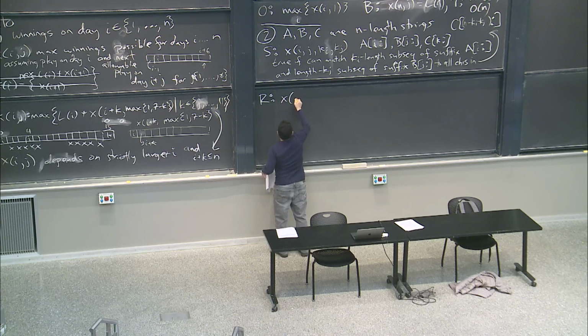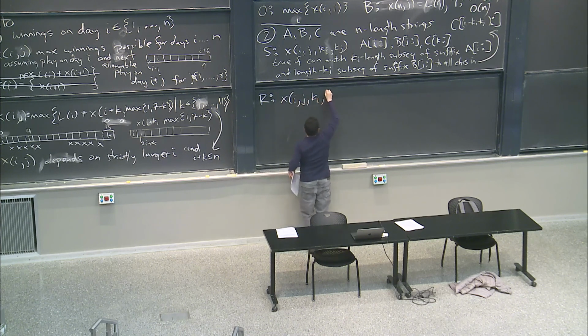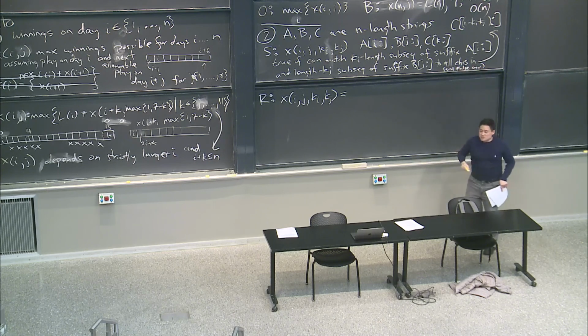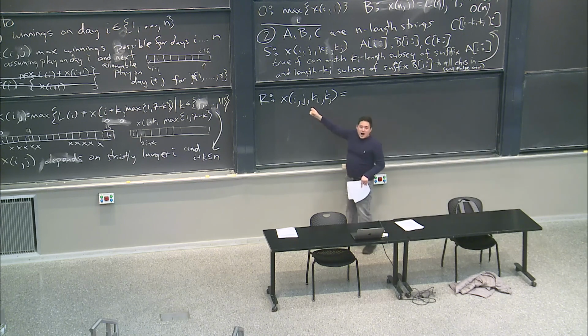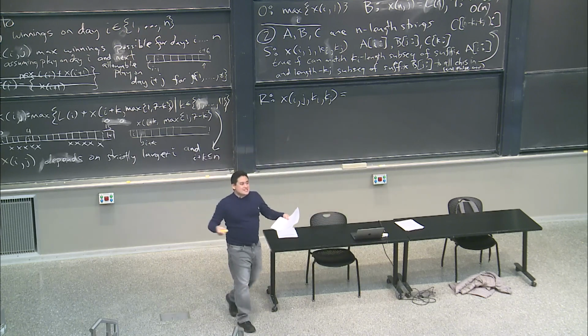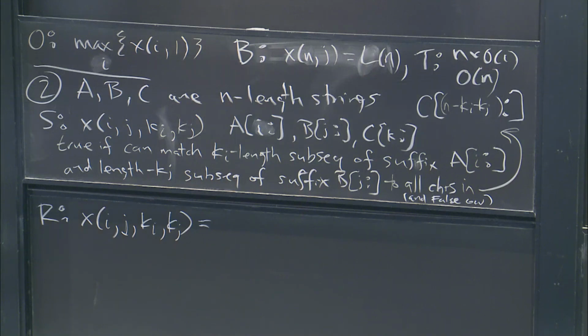We have x, i, j, Ki, Kj. What is this going to equal? All right, well, we've got Booleans, so this is true and false otherwise. Okay, it's a Boolean, right? So I just need some subproblem I recurse on to be true. So what's the combinator for some of a bunch of Boolean choices, any one of which may be true?